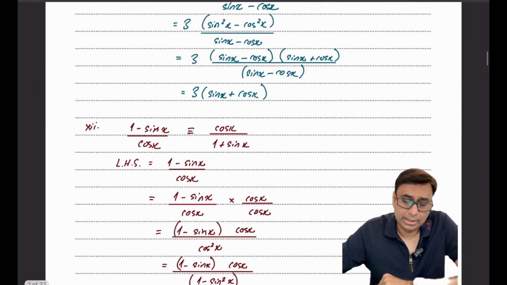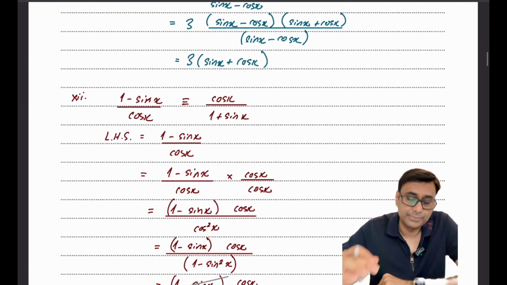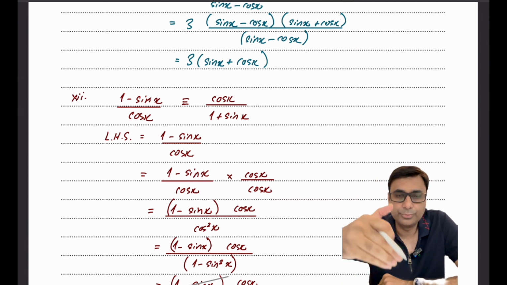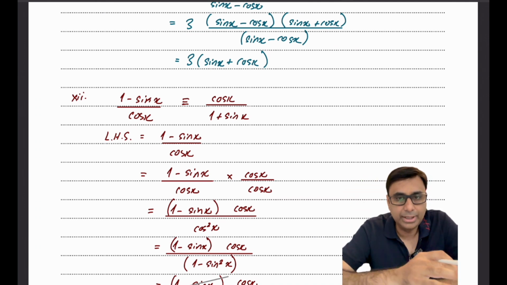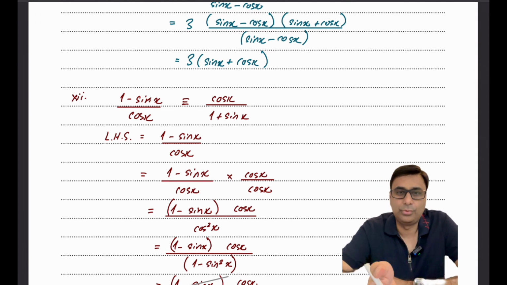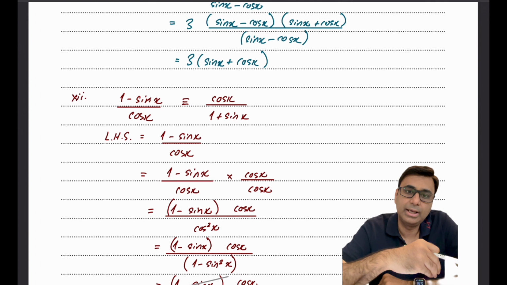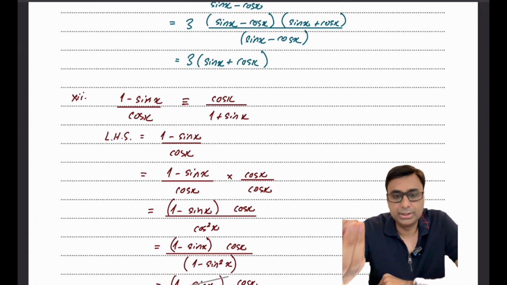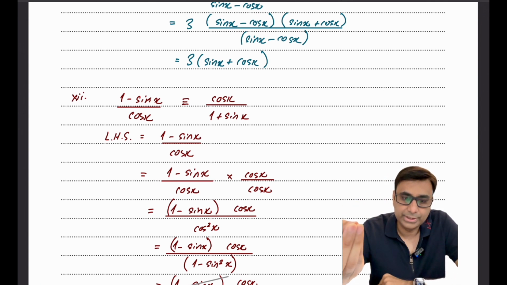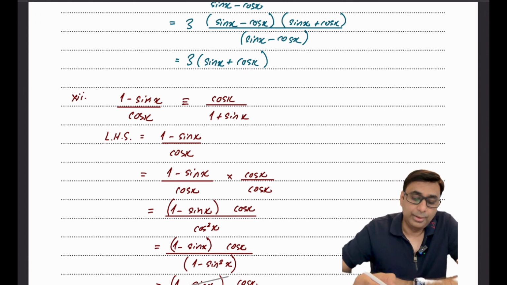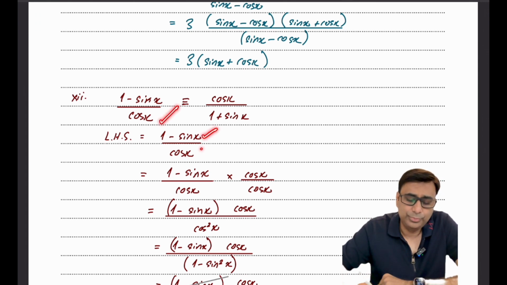Now, one last example, and this is an important example. Whenever you're trying to prove an identity, just try and keep one thing in mind: you're not supposed to cross multiply. The process of proving an identity is that you start from one side and build that up into the other side. That is what you should be doing in all of these cases. So if I start with this side, initially I can't see any simplification.